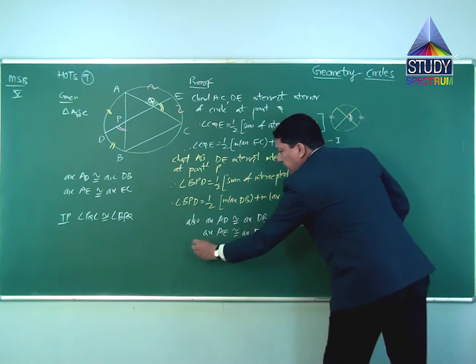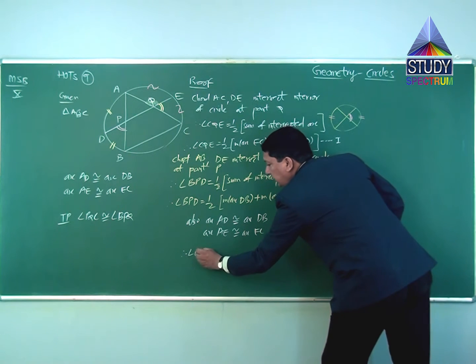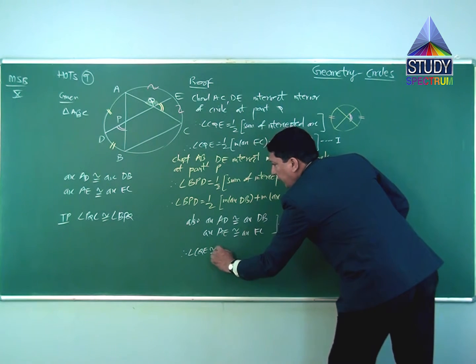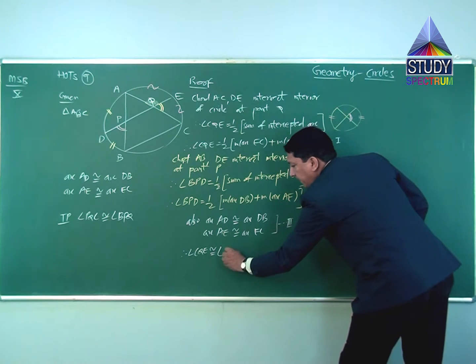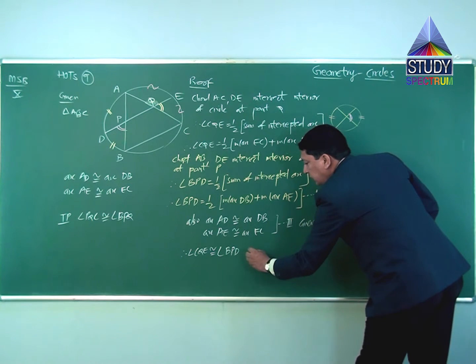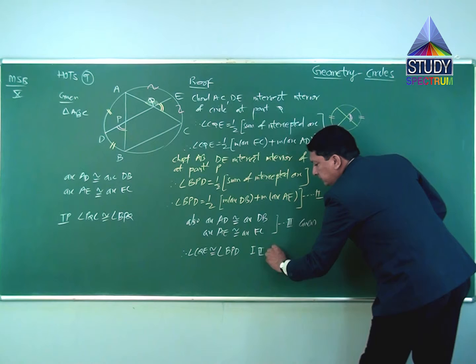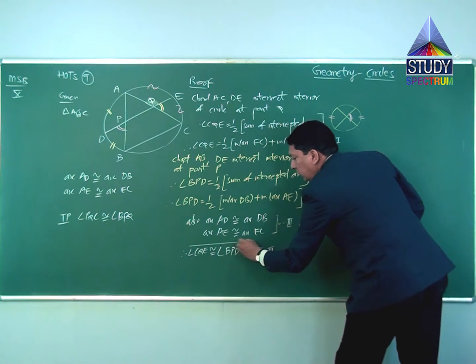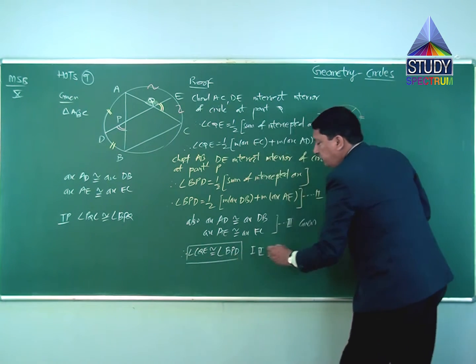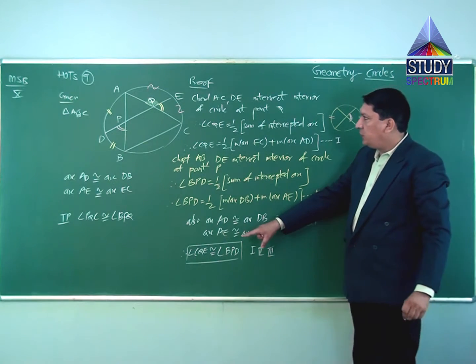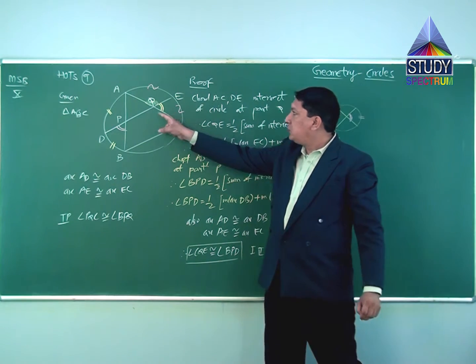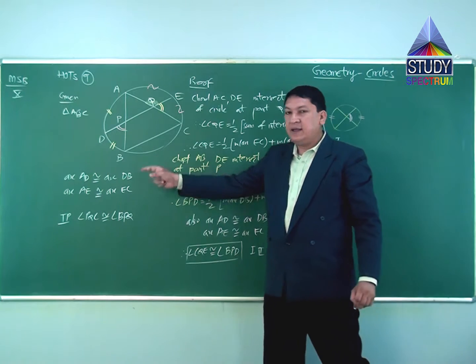The result is angle CQE congruent to angle BPD. How did we get this? From 1, 2 and 3. So these two angles, angle CQE and angle BPD, are equal.